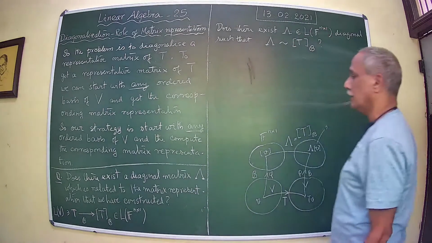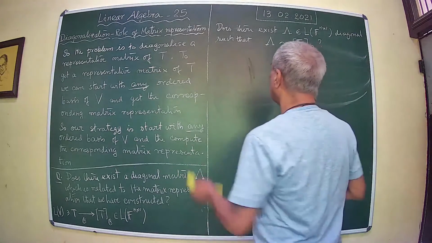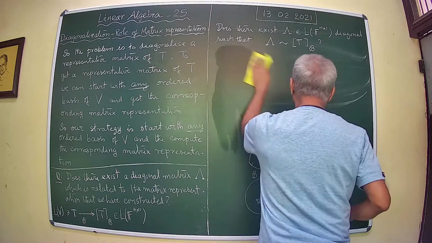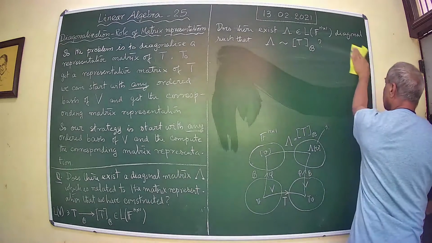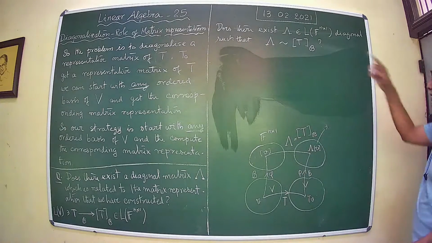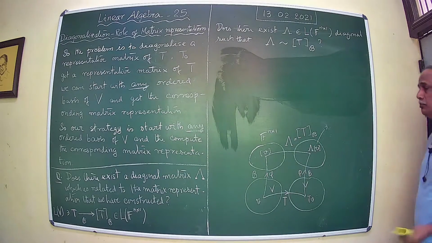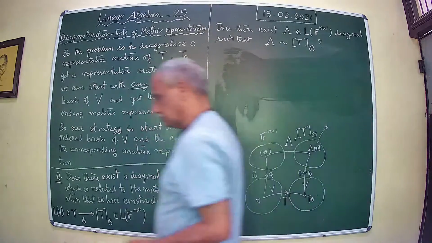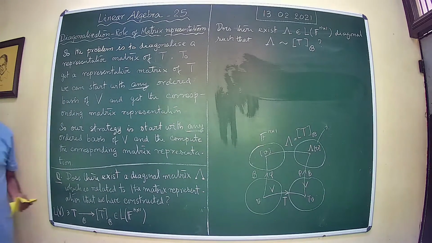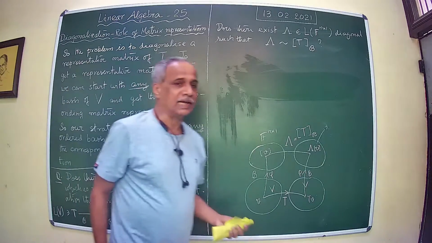This is what we are asking. So the problem reduces now to diagonalizing the matrix representation of T with respect to B. So in short, we look at a larger problem.